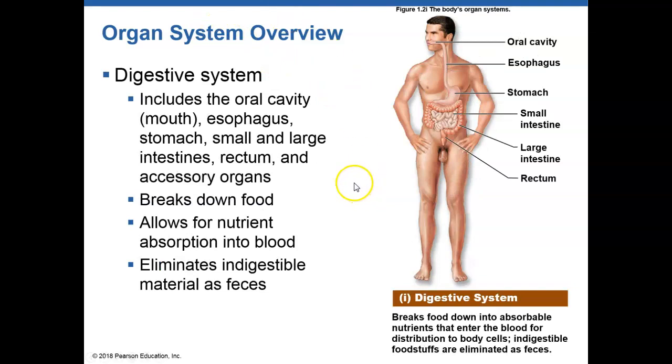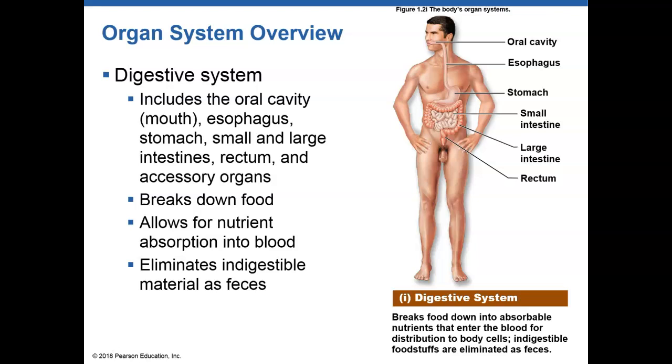The digestive system starts at the oral cavity, moves through the pharynx, the esophagus, the stomach, the small and large intestines, and the rectum and anus.